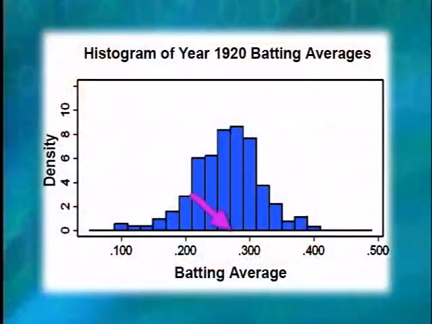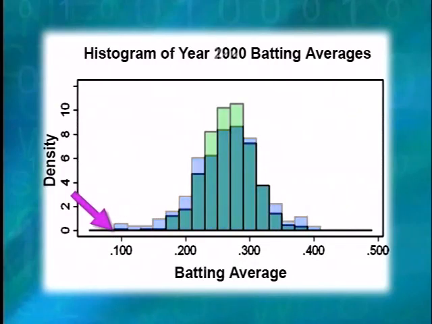But look here, although the center is the same, the batting averages from the 1920 era are more spread out than they were from the year 2000. You see how it's taller here? This is taller, and these are taller, and they get very thin. Between 300 and 350 and 150 and 200, these are very small by that time.